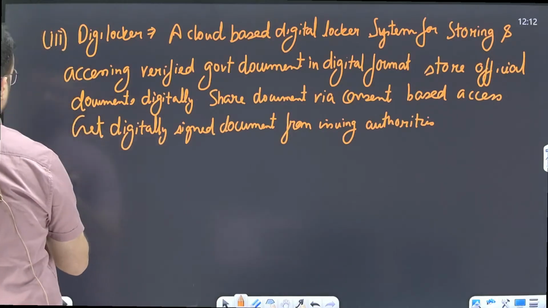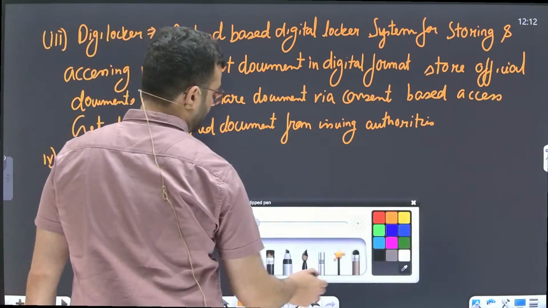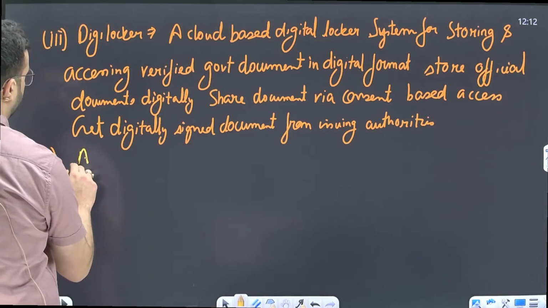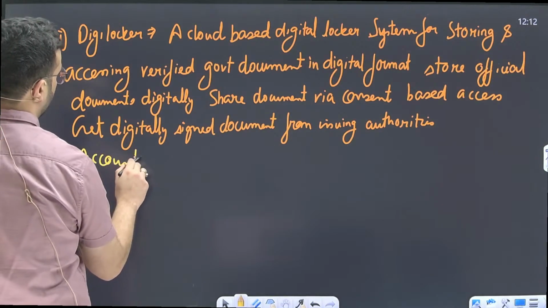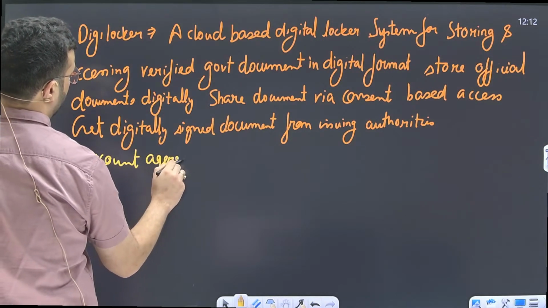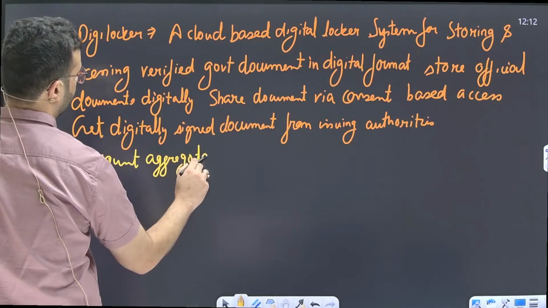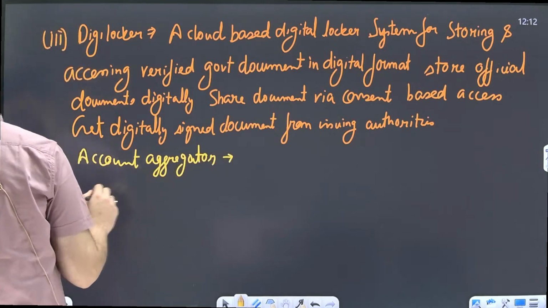Fourth is account aggregator, very, very important. What is account aggregator?